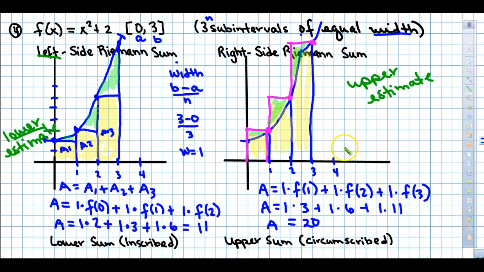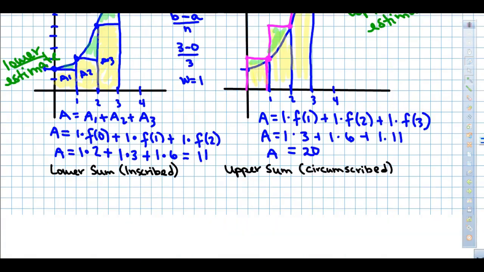So we actually have an overestimate or an upper estimate. They don't get too picky over which word you use, upper or above. What was that other word I just used? Darn, I just forgot. Bigger estimate, upper estimate. Overestimate, that was the word, okay?